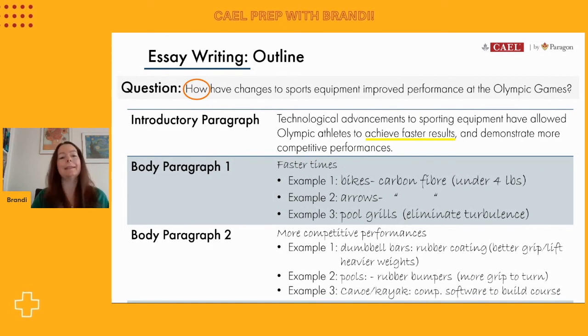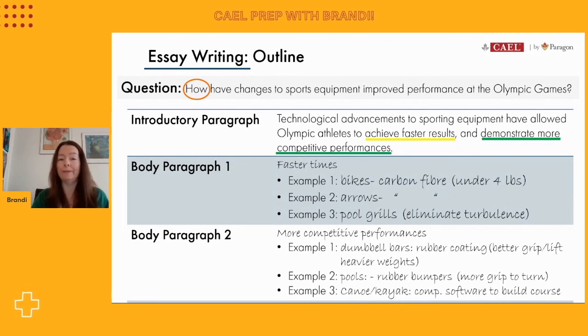So in my thesis, I'm saying that these advancements in equipment allow athletes to achieve faster results and demonstrate more competitive performances. I would call these your guiding ideas, if you will. These two specific, very precise examples of how the equipment is allowing athletes to perform better match exactly the organized fashion of our paragraphs below.